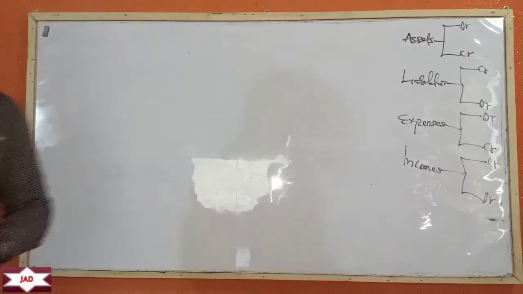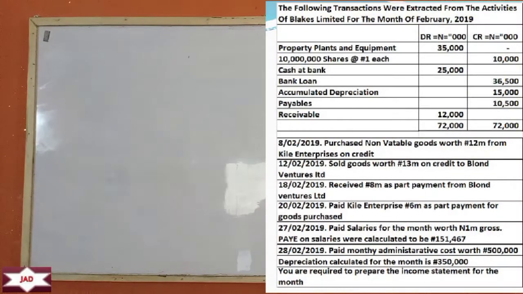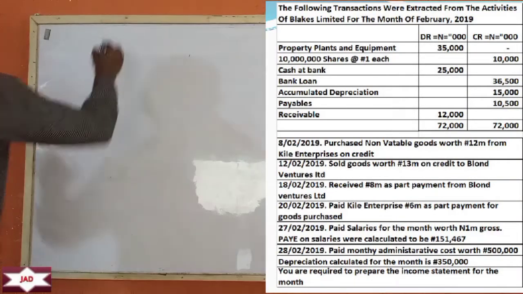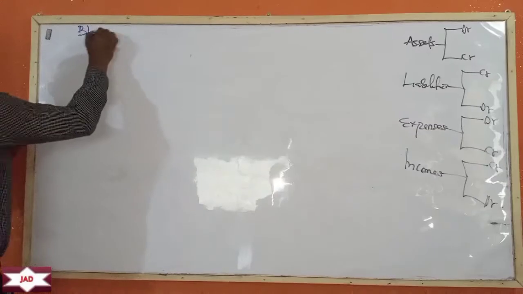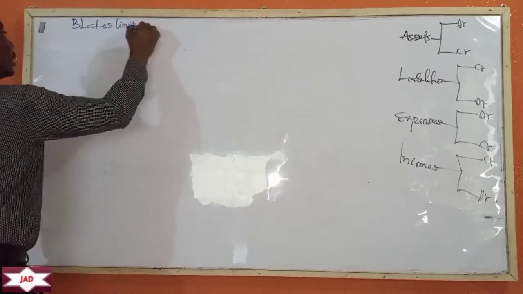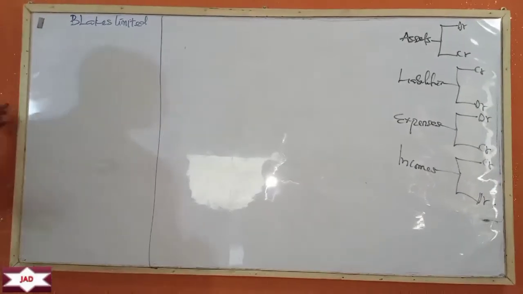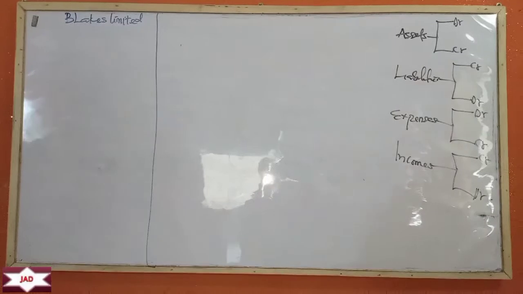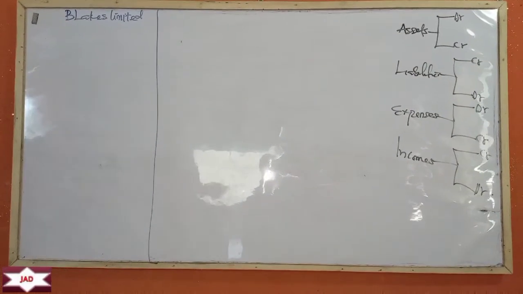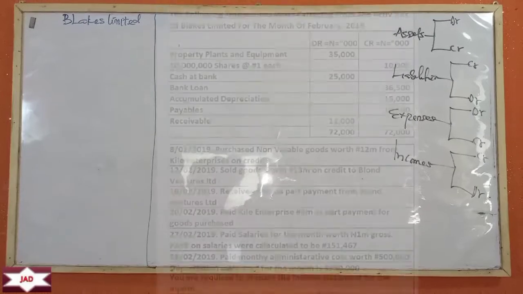So who owns the business basically? The business is owned by Blake's Limited. So first thing first, let's capture the transactions. What's the first item here?